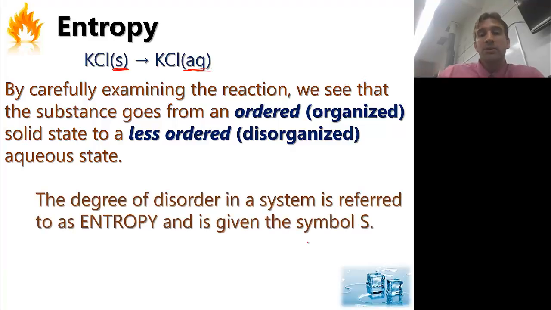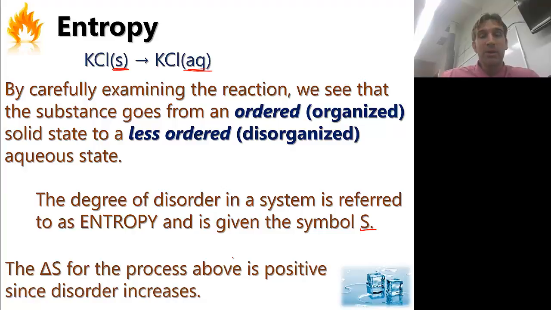The amount of disorder, again, is what we refer to as entropy, and we give it the symbol S. So you might see something called absolute entropy, and that is the entropy of a fixed system that's not changing. If you talk about the entropy change, that is going from one absolute entropy to a new absolute entropy, and it's the change that takes place.